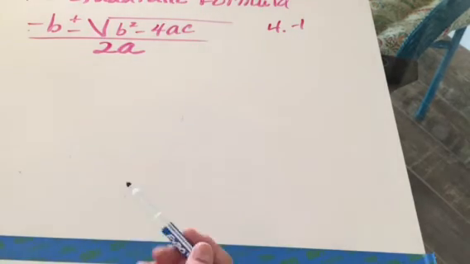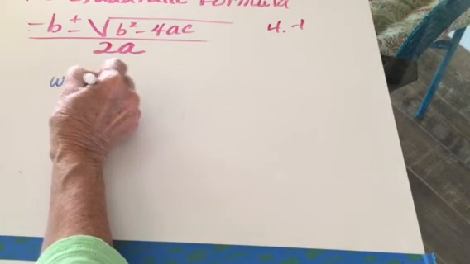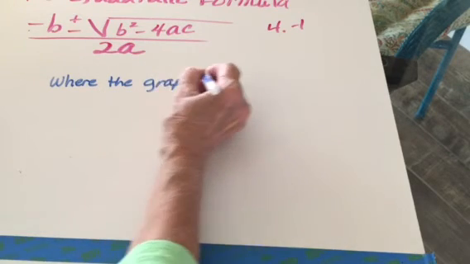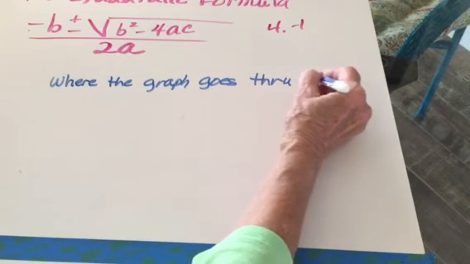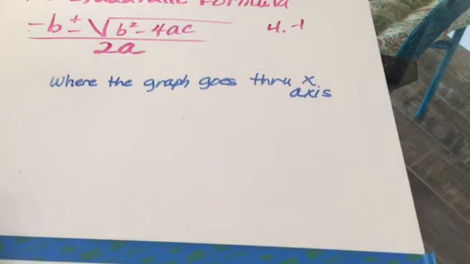So the answer is where the graph goes through the x-axis. That's what the answer is, okay?